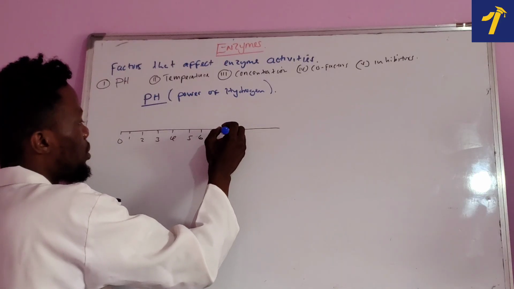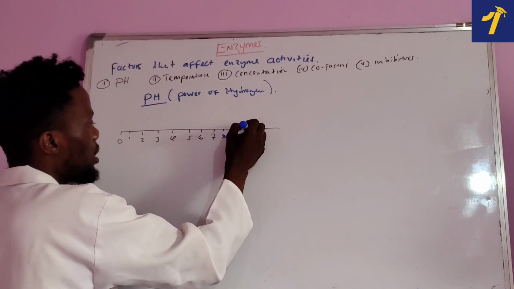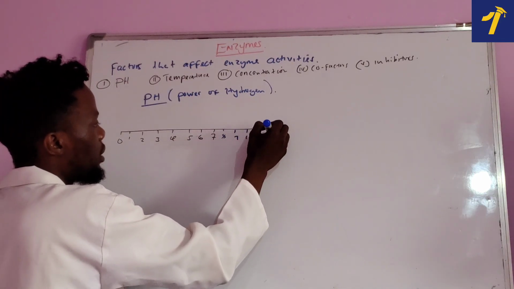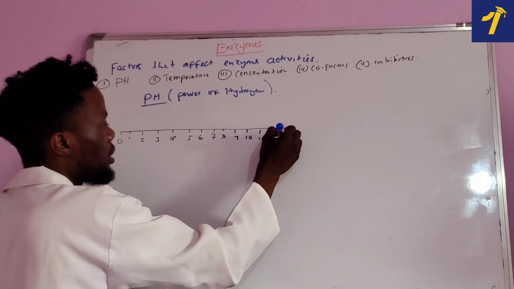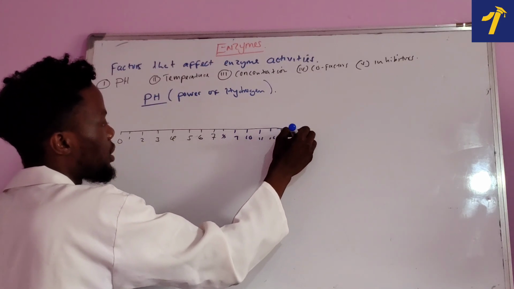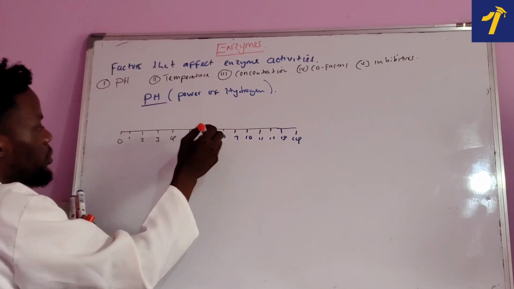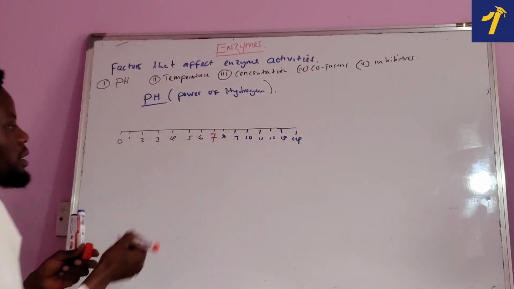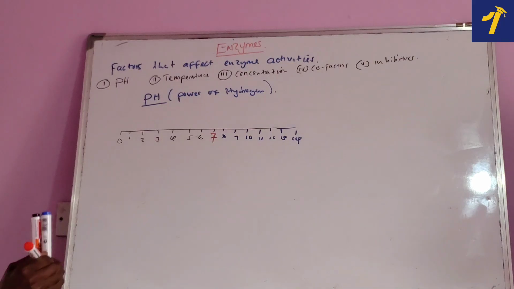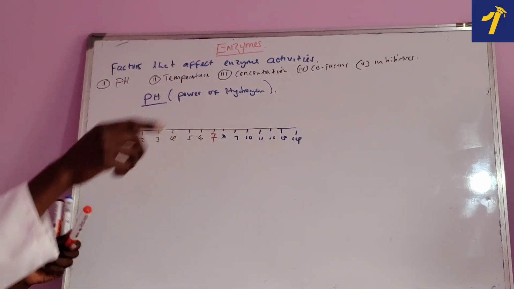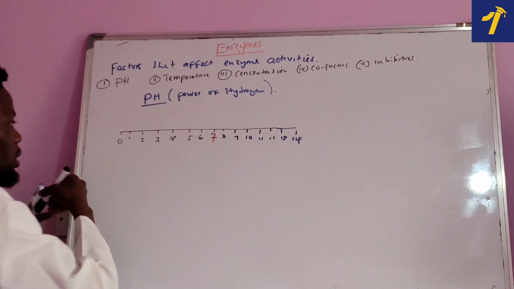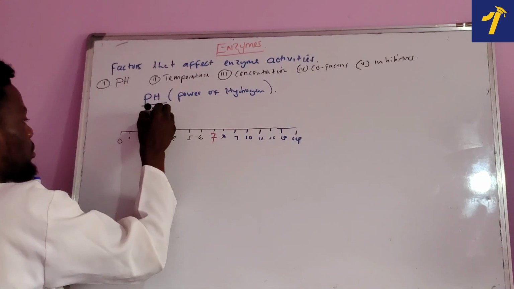Then 8, 9, 10, 11, 12, 13, up to 14. Then this 7 I'm going to use red so that we see the difference. Okay, this is what we call the pH scale.